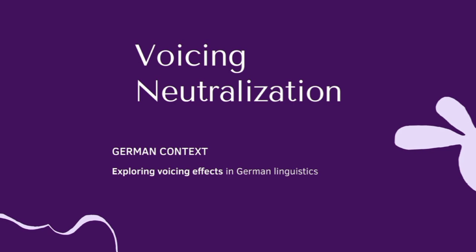This is closely connected to final devoicing, because final devoicing is actually one way that voicing neutralization happens. Understanding voicing neutralization is important because it explains why spelling and pronunciation don't always match and also shows how languages simplify their sound system in certain positions.